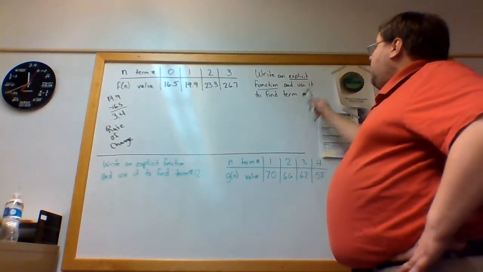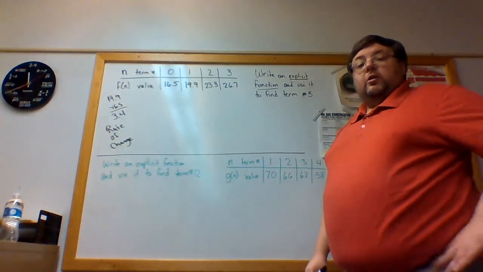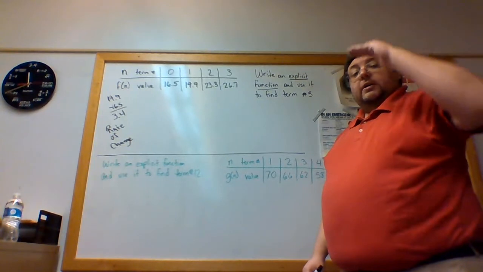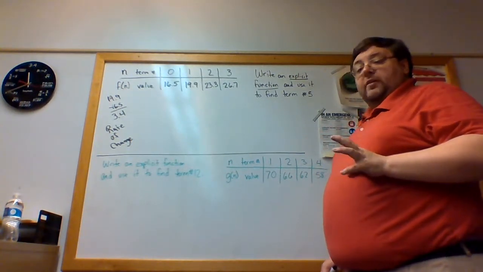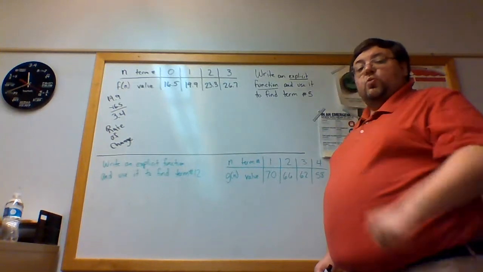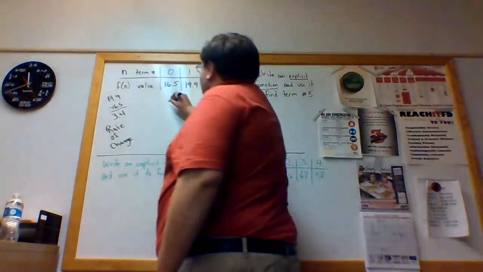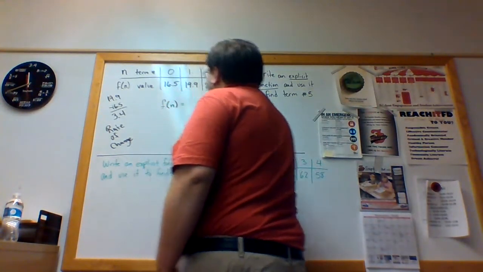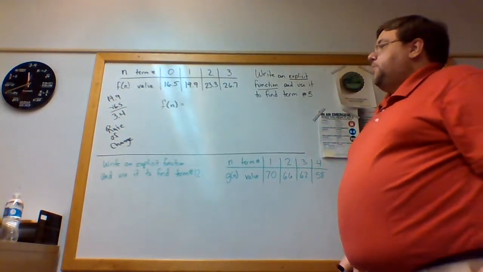Now, when I go to write an explicit function, this is different from the recursive function. Remember, the recursive function took 2 lines, one to tell you where to start, and a second line to tell you what to do next. Explicit functions take all that information and smush it together in just one equation. So I'm going to be able to find the next term, f of n, using just this one line of information.